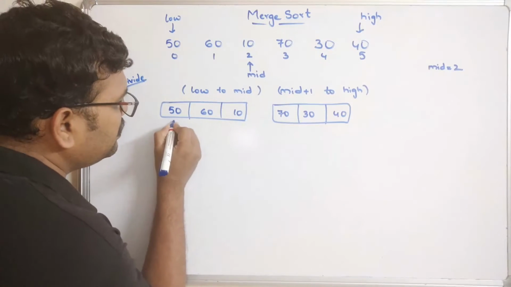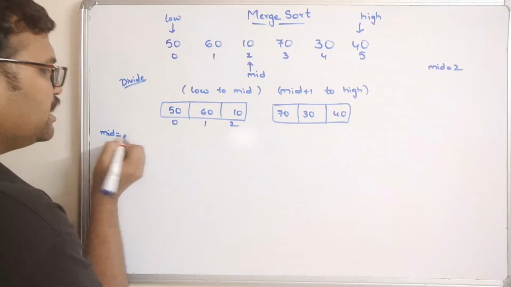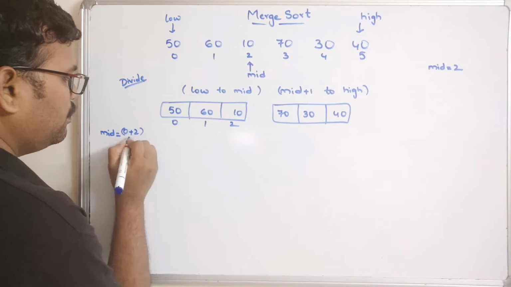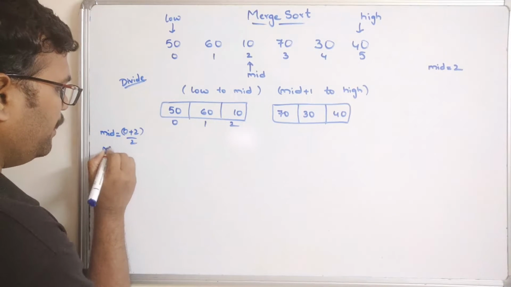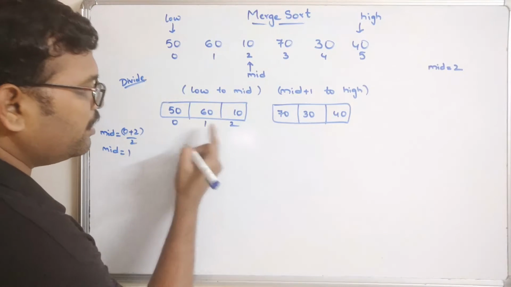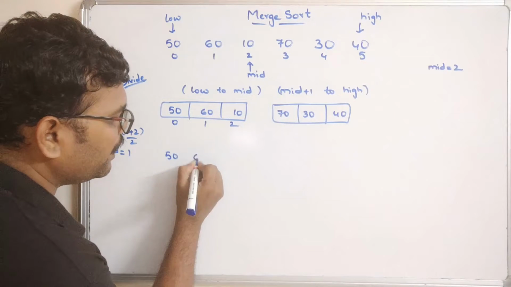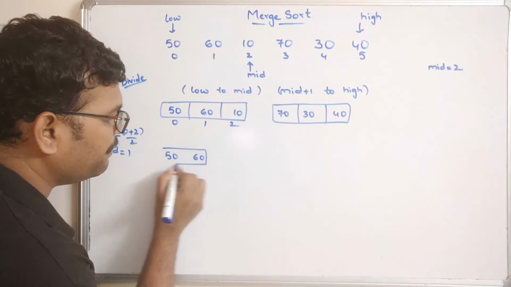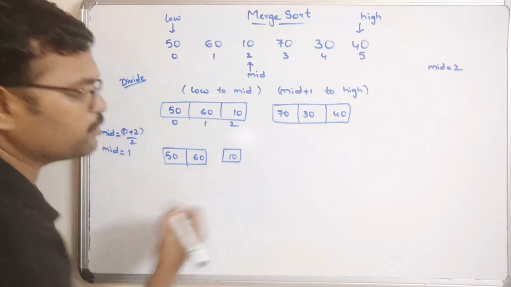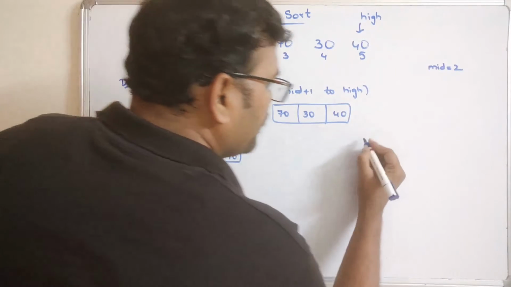Here the indices are 0, 1 and 2, and we need to calculate the mid. Mid is equal to 0 plus 2 by 2, which will be 1. So we divide this one into two halves: 50 and 60, that means low to mid, and mid plus 1. Here also we apply the same process.